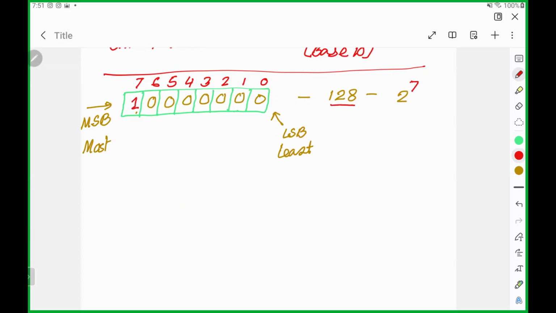So if I have 1 in the 7th bit of the 8 bits and the rest are 0, it will be 128. Similarly, if I have a 1 in the 6th bit, let us take a different color.